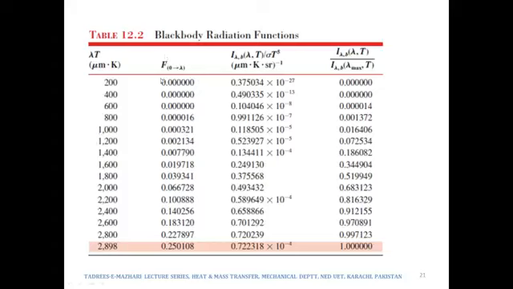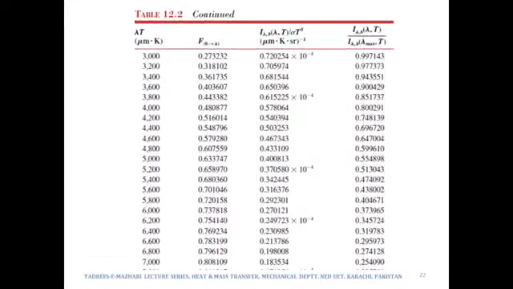We can read out the values of f once we know the values of lambda T in micrometer Kelvin. So we must have wavelength in micrometers, and temperatures in Kelvin. We will read out the value of f against the values of lambda T. It is this table, and it starts with 200 and then goes beyond to large values.